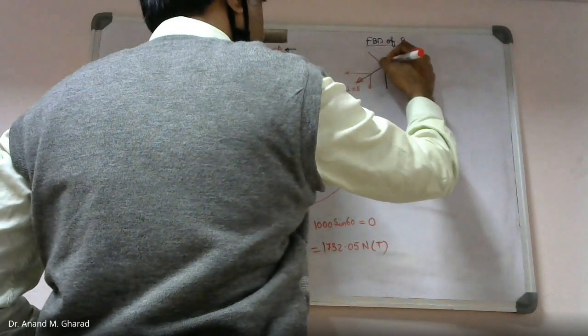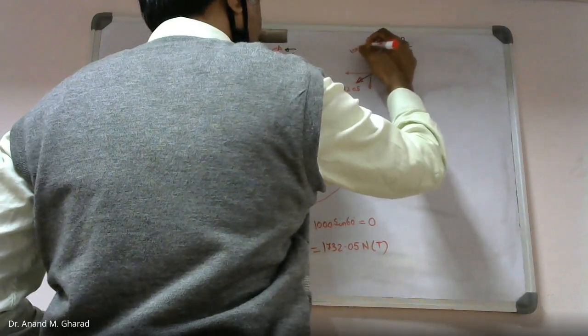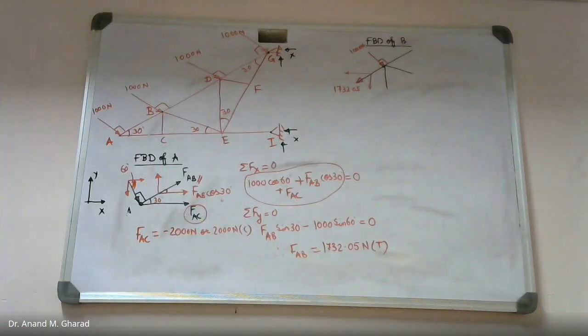On the joint B there is 1000 Newton load which is active. So can we solve this joint B? Is it possible to solve this joint B? Yes or no? 3 unknowns.